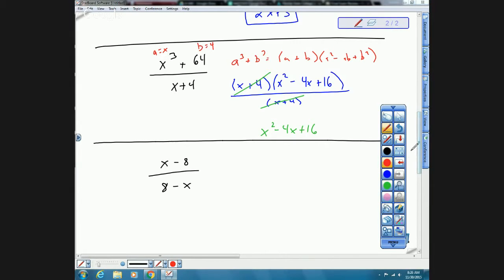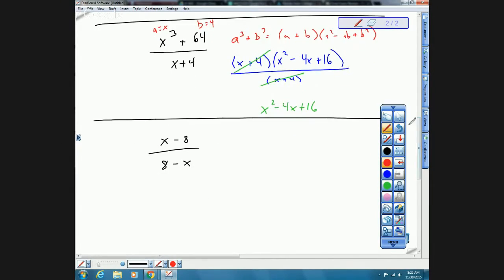All right, so if you get one like this, the first thing I would do is rearrange that bottom one, so it'd be negative x plus 8. Well, now can I make this be the same somehow? It looks really close. In the bottom, yeah. If I pull out -1 in the bottom, that becomes positive x, and that would become negative 8.